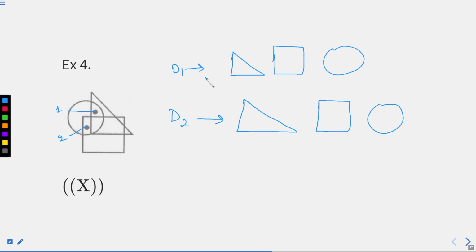So, the dot number 1 is placed in which figure? It is in triangle as well as in circle. Right? Now, dot number 2 is present in square as well as circle. So, circle is common for both. The first dot is present in circle and triangle. The second is present in circle and square.